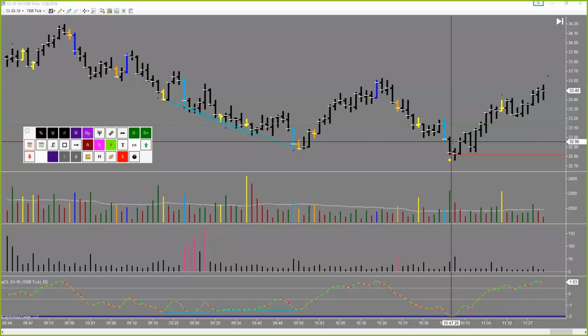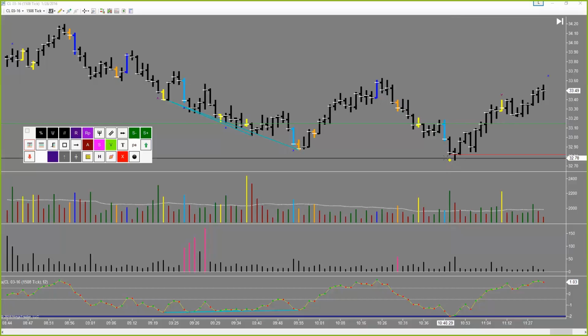So if it's a very high volume bar, that would mean that it's a very high number of average contracts per tick.